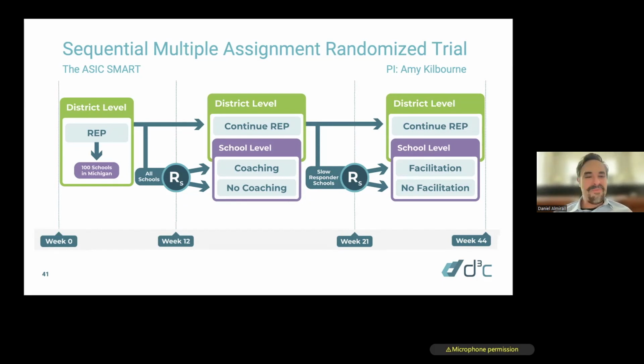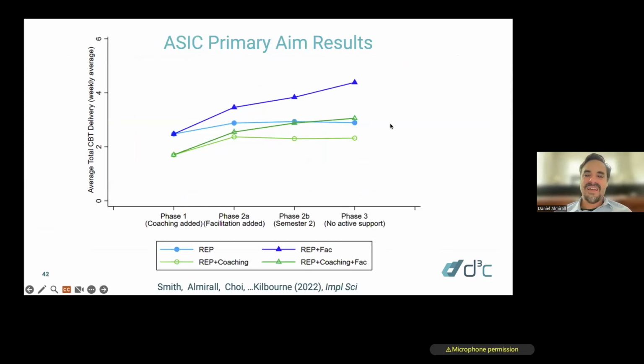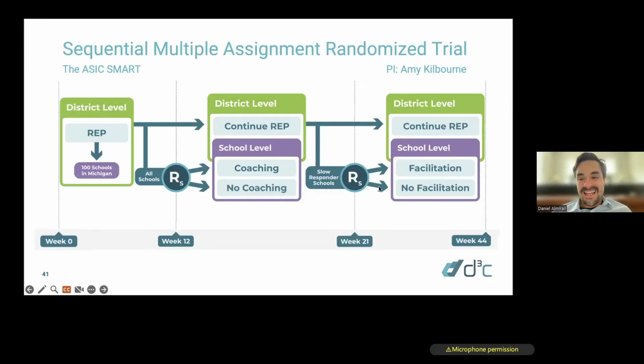I want that so bad because these results might make y'all think, oh, don't do coaching. But what if the reason facilitation is kicking butt here is because the facilitator learned something from the coach.